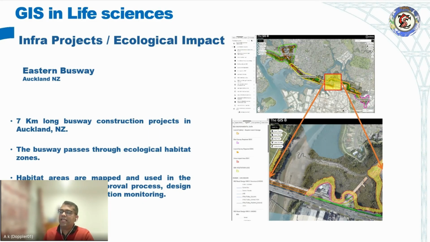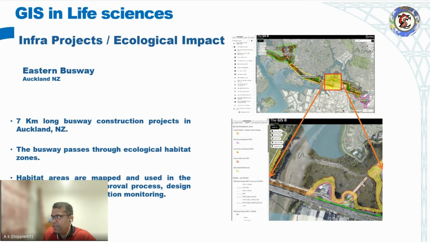So that means in order to get permissions from the Ministry of Environment and a lot of local government bodies, we have to submit a lot of things. We have to run a lot of analysis, and for that, ultimately the choice came down to GIS, because as you can see, GIS gives us a full comprehensive picture of where those lizards or eco-sensitive zones are, and how we are putting in measures to monitor our construction activity and refine the design to do minimal damage.